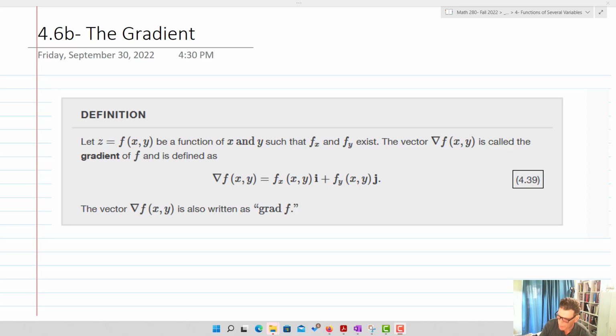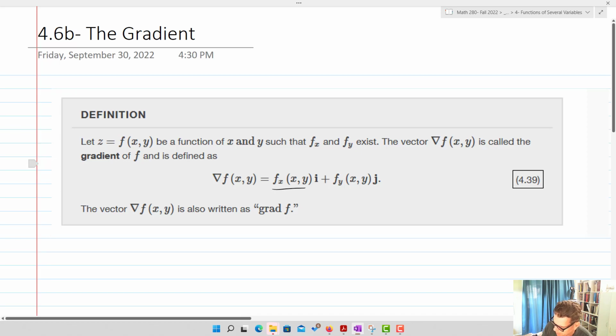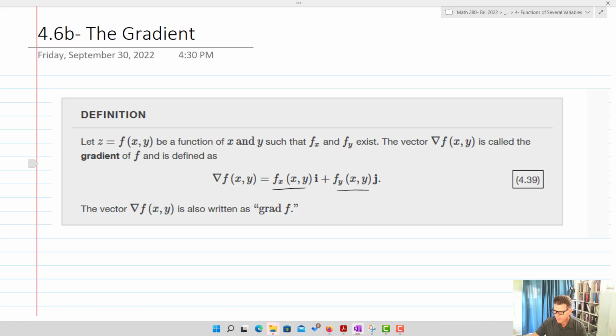All right. So basically, it's a vector made up of the partials of f of x,y.